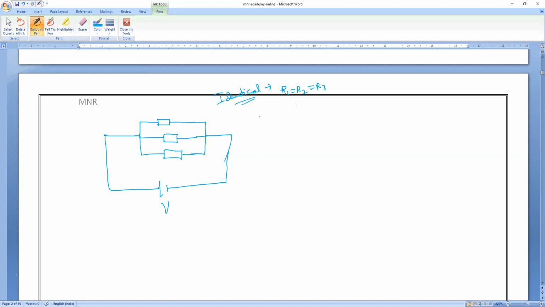Identical does not mean that R1 is equal to 1. It is wrong. Identical means they have the same resistance. That's all. Now the total current produced in the circuit is I. This current will split across R1 as I1, across R2 as I2, across R3 as I3. That is what you have to remember.